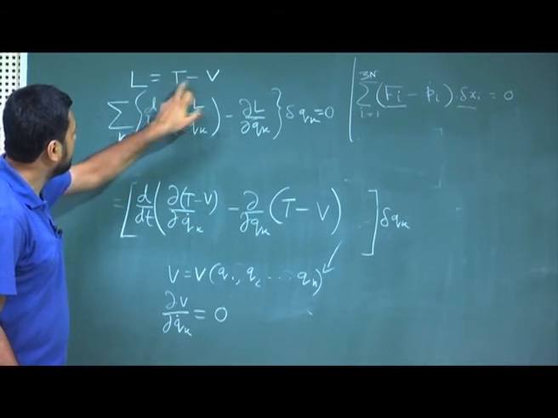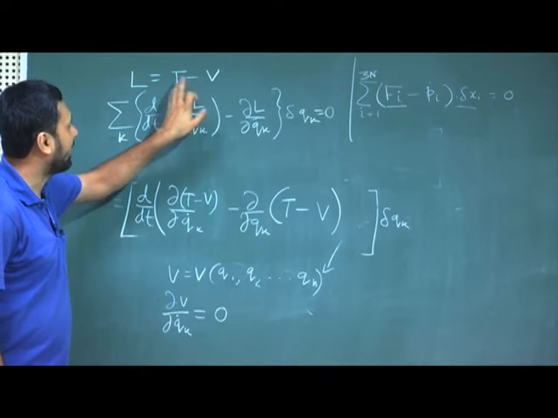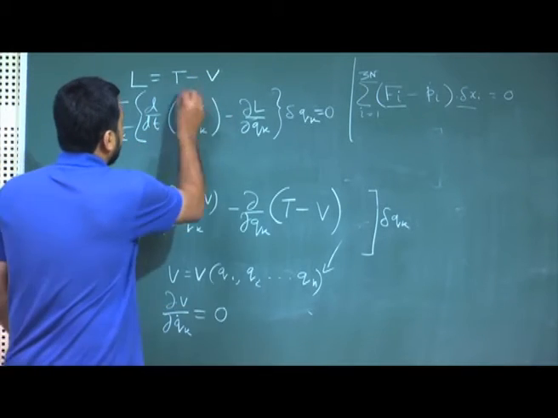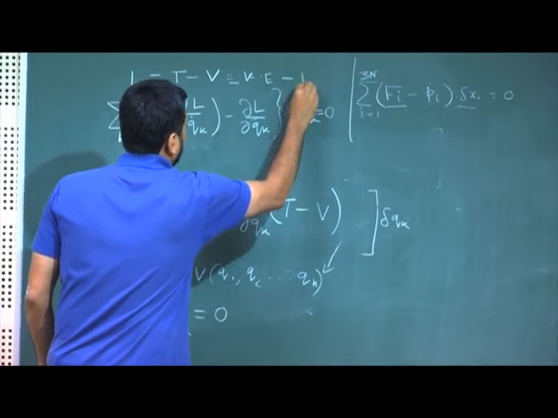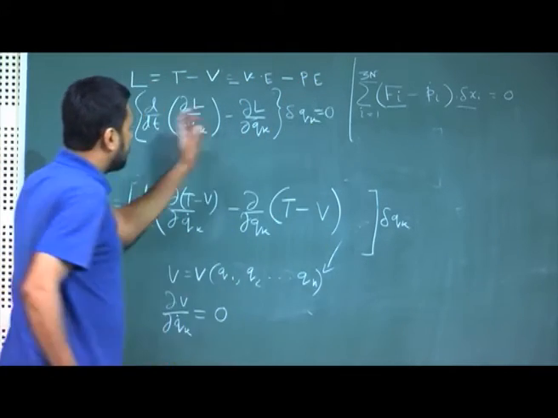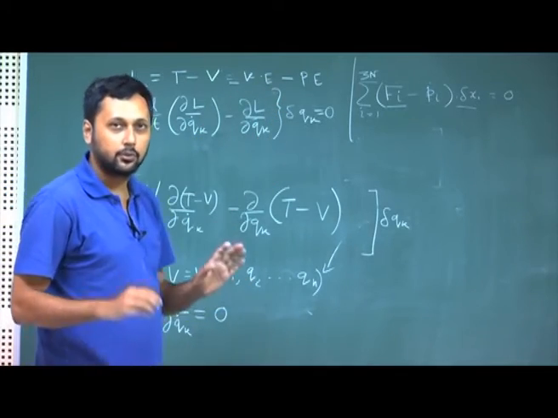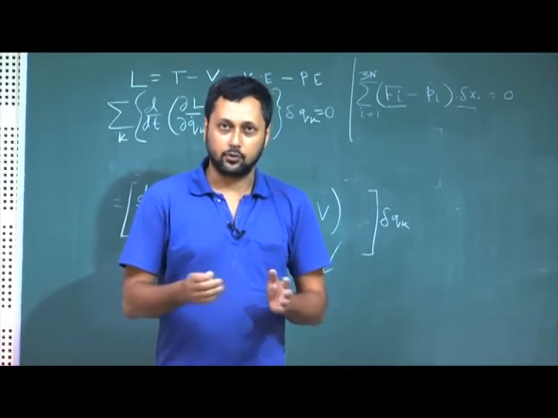So, L is equal to T minus V, that means kinetic energy minus potential energy. Of course, kinetic energy and potential energy have to be defined in terms of generalized coordinates.